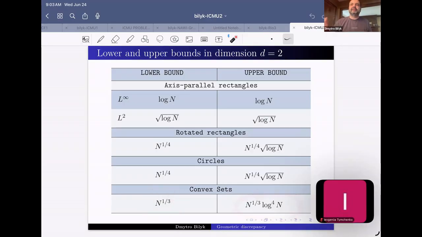The larger the family of sets is, the harder it is to be uniform with respect to every set. But you see two very different types of behavior. For axis parallel rectangles, you have this logarithmic behavior. Here you have power behavior in the case of rotated rectangles or circles. Basically, in the second case, you have some sort of rotational invariance or curvature involved.